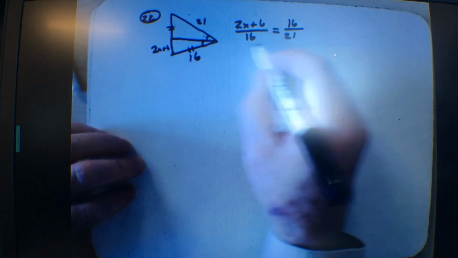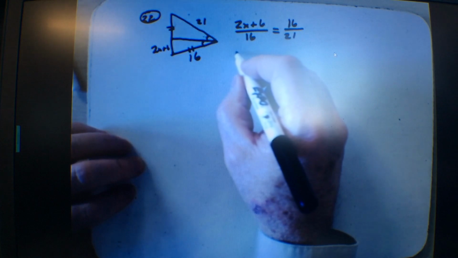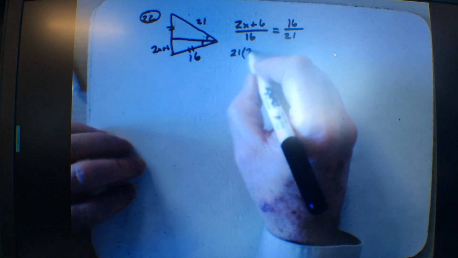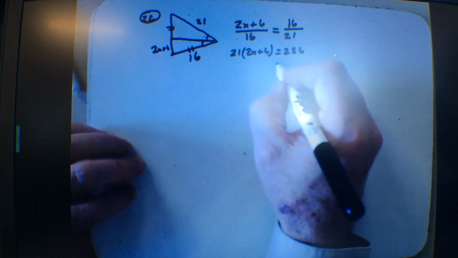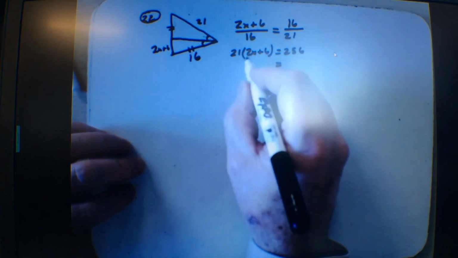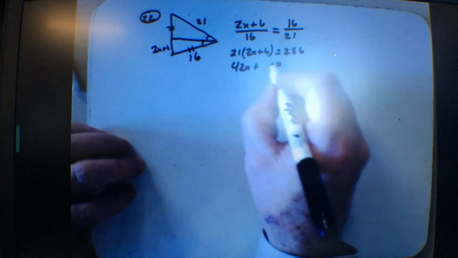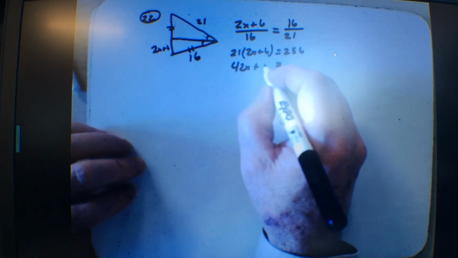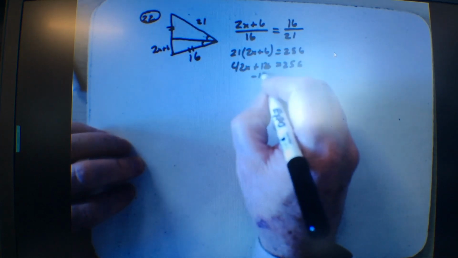Okay. Well, we'll just continue on then. What's 16 times 16? 256. Okay, so 21 times 2x plus 6 equals 256, correct? So 21 times 2 is 42x plus 126. And we're going to subtract 126.